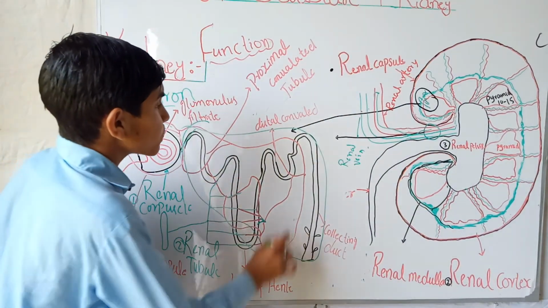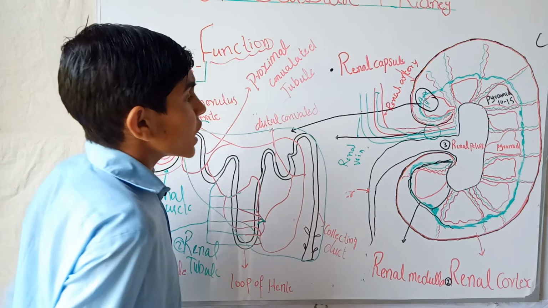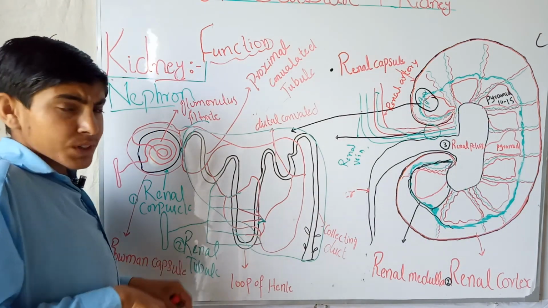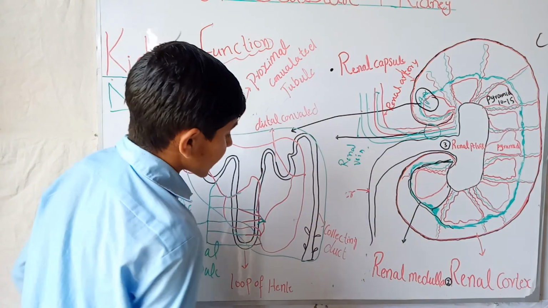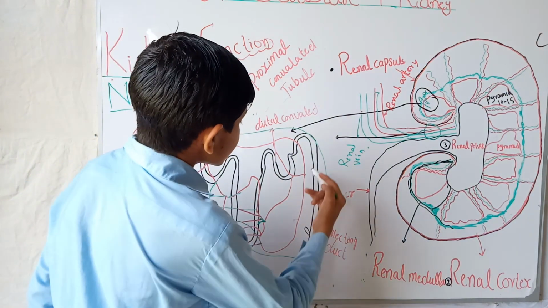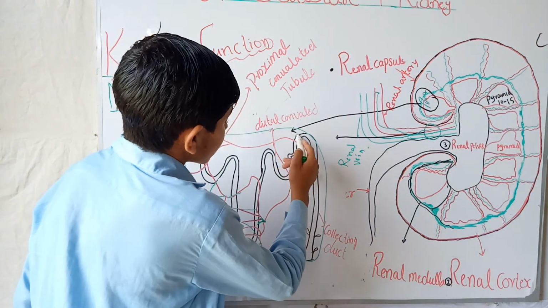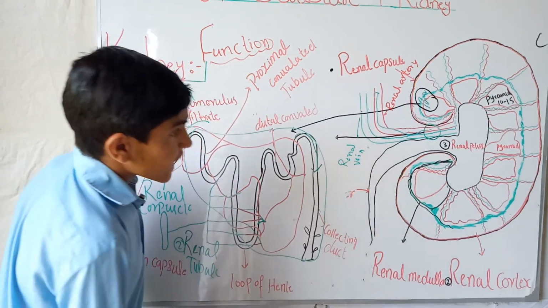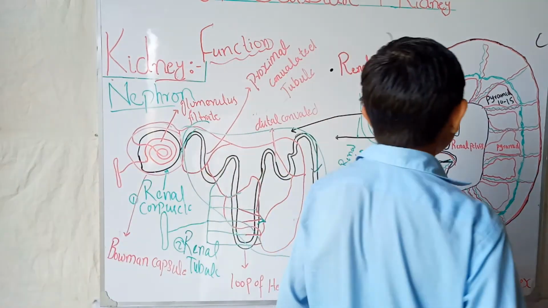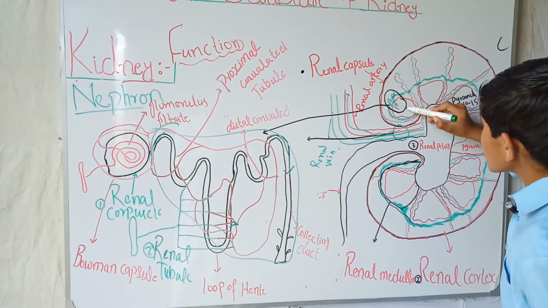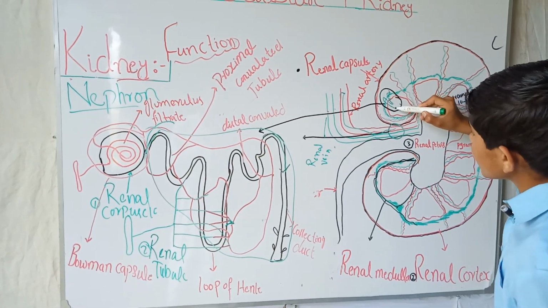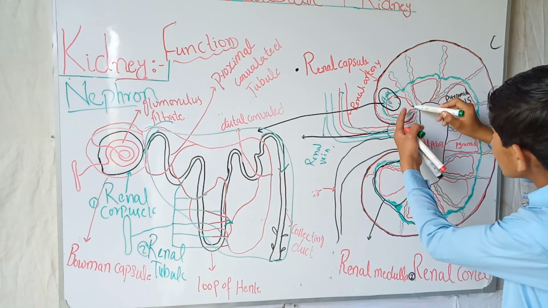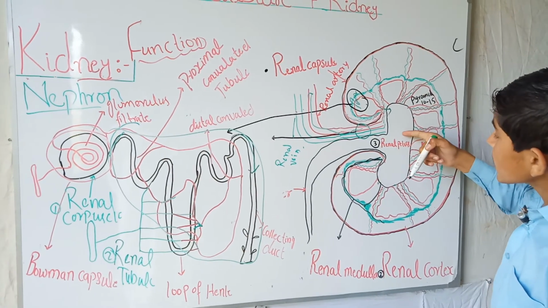Okay, the next part is the distal convoluted tubule. In this portion, some water is also reabsorbed, and then the last part is the collecting duct. In this portion, the urine then moves on, and the collecting ducts of the nephron open into the renal pelvis.